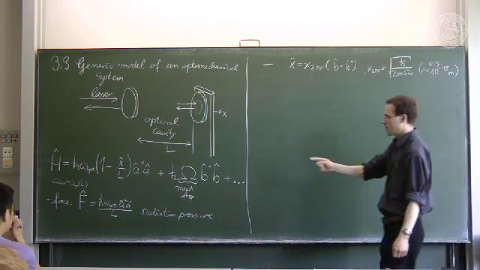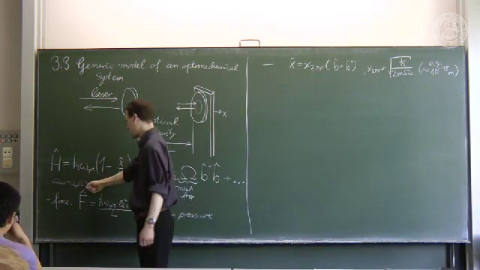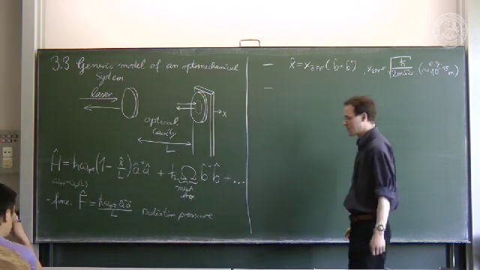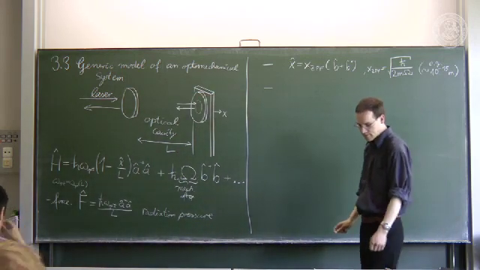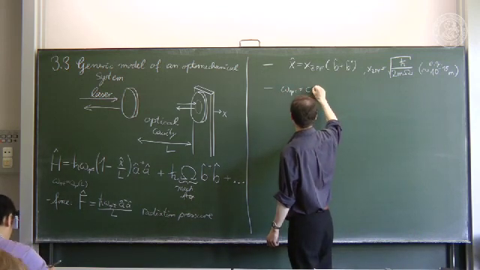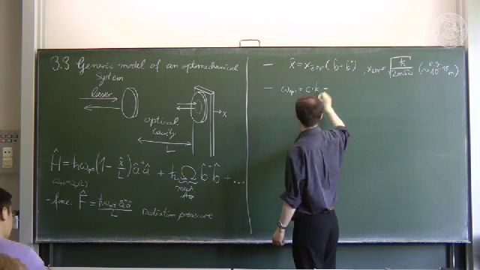Okay, now let's come back to this part about the optical frequency and its dependence on the position. You know that the optical frequency is simply the speed of light times k.